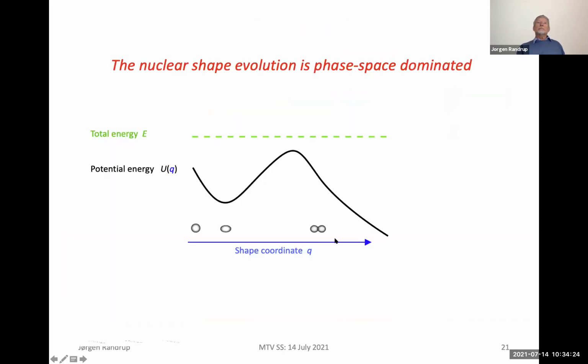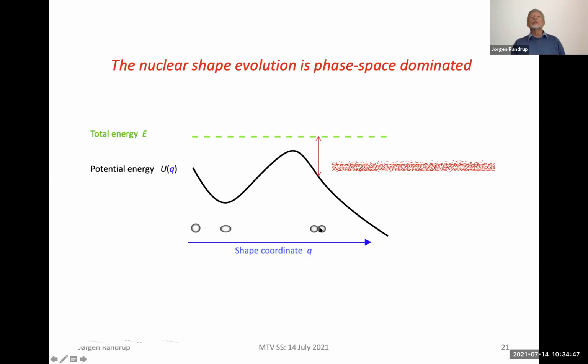Let me first say that you have, of course, to say something about how you decide about your steps. And it is probably a reasonable thing to think that phase space plays a big role.